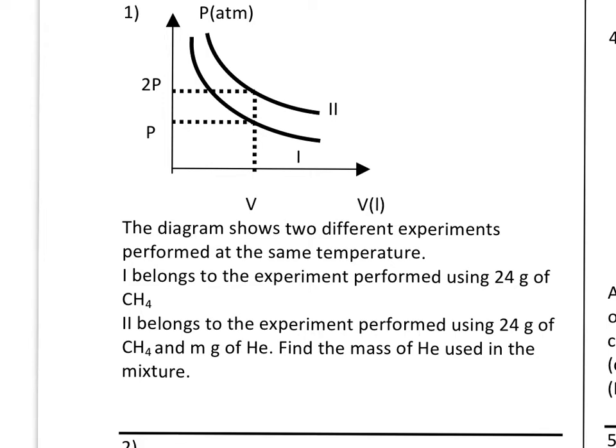There are two ways we can do this question. The first method is using direct proportionalities because we know that N is directly proportional to P at constant temperature and V. We can see that the volume is constant in this experiment.